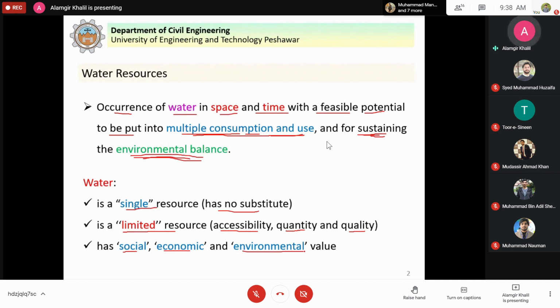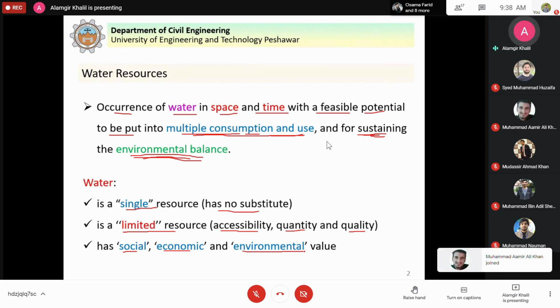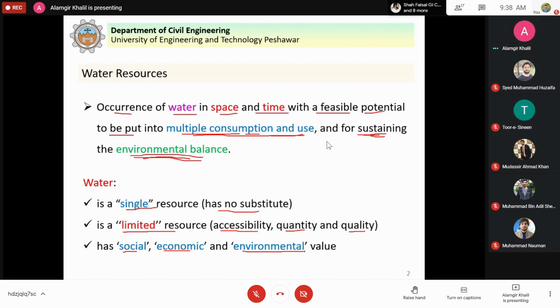Because we need water to survive. And you have studied before that communities and civilizations flourished along the banks of the rivers. So water has a social value.